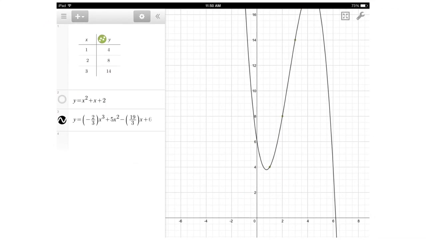are not parabolic. So you'll notice that here's another symbolic representation. This is a cubic that actually goes through those same 3 points. So you can see that it can be very difficult to try to determine why the picture in fact generates or is connected to a quadratic symbolization.